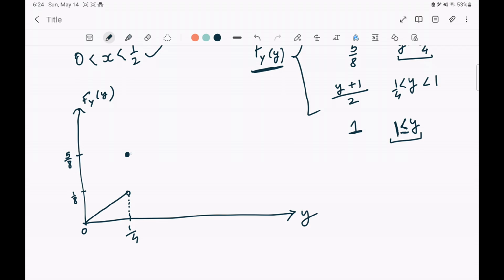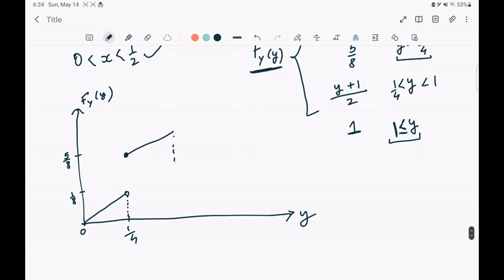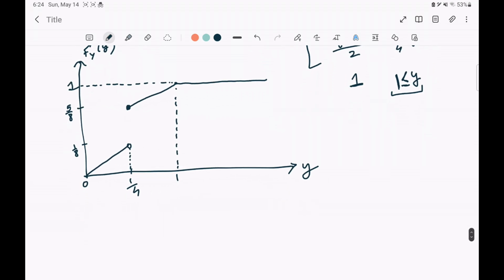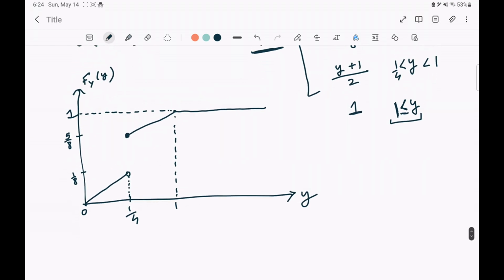And then again it would increase linearly till it reaches the value 1. And after the value of 1, it would be constant at 1, like this. Hence, this is how the CDF of f looks like.